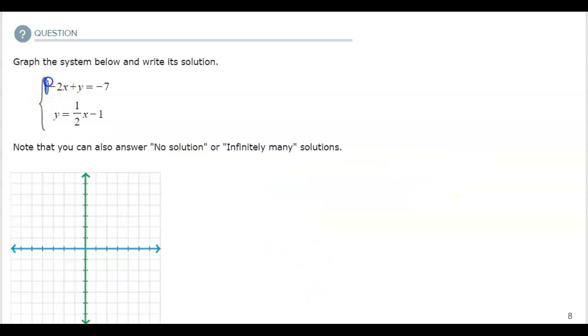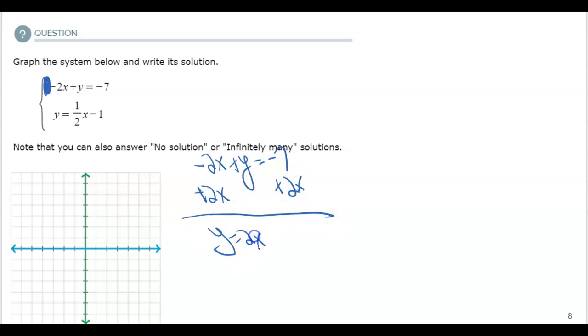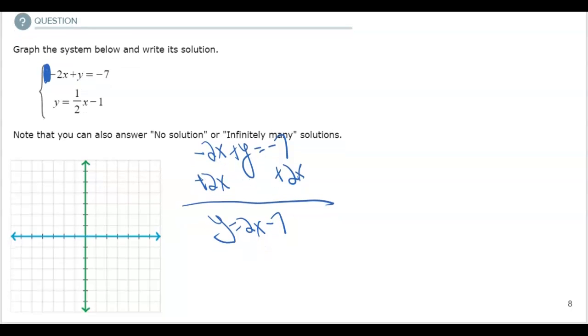Okay, we're going to go ahead and try this one. Go ahead and try to do it on your own first, and then I will walk you through it. Okay, so I still want it to be in the form y equals mx plus b. So I start at -7, up over 1.